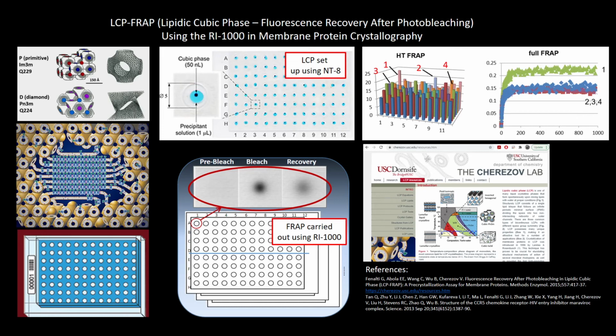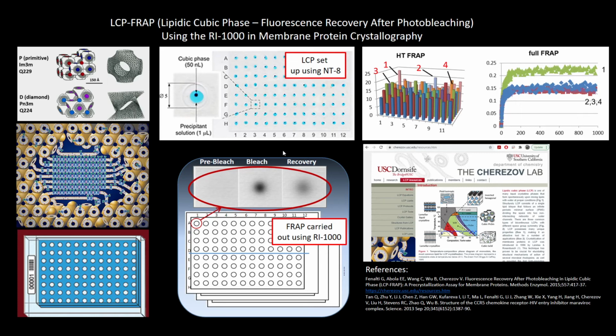An LCP FRAP, which is fluorescence recovery after photobleaching, is a technique which measures that diffusion of the protein throughout the LCP bilayer in the drop. Essentially, prior to LCP reconstitution, the membrane protein is tagged with a Cy5 fluorescent dye.